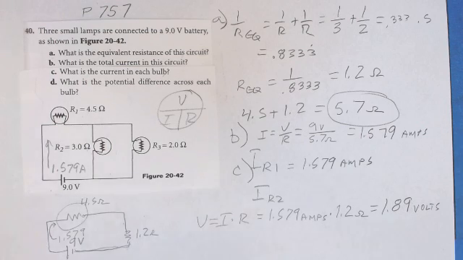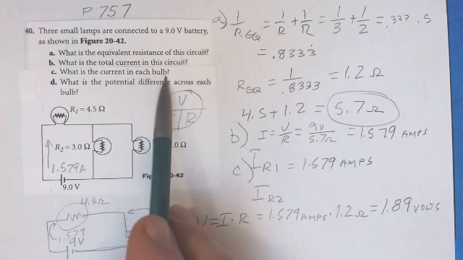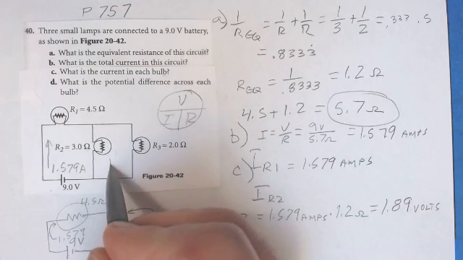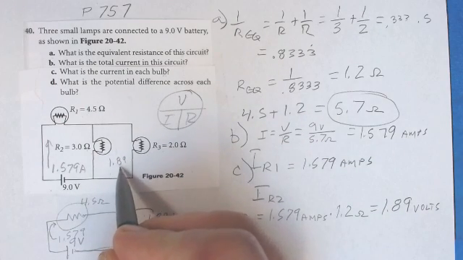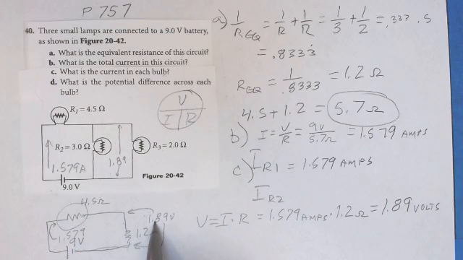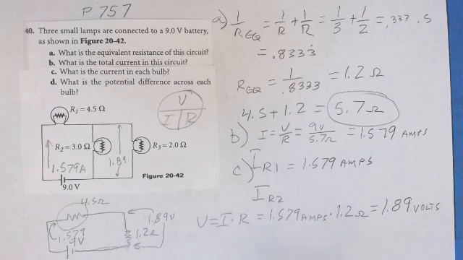So we know that we have 1.89 volts across here. And then what was our question again? The current in each bulb. Well, that same voltage is up here, 1.89. This is equivalent to that, so this voltage is across here.